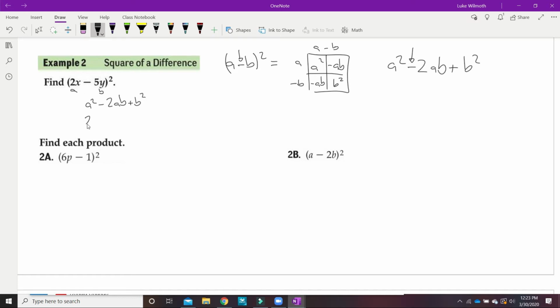A is 2x, so 2x squared minus 2 times a, which in this case is 2x, times b, which is negative, or sorry, we're going to say 5y. And then my last term, b squared, is 5y squared.